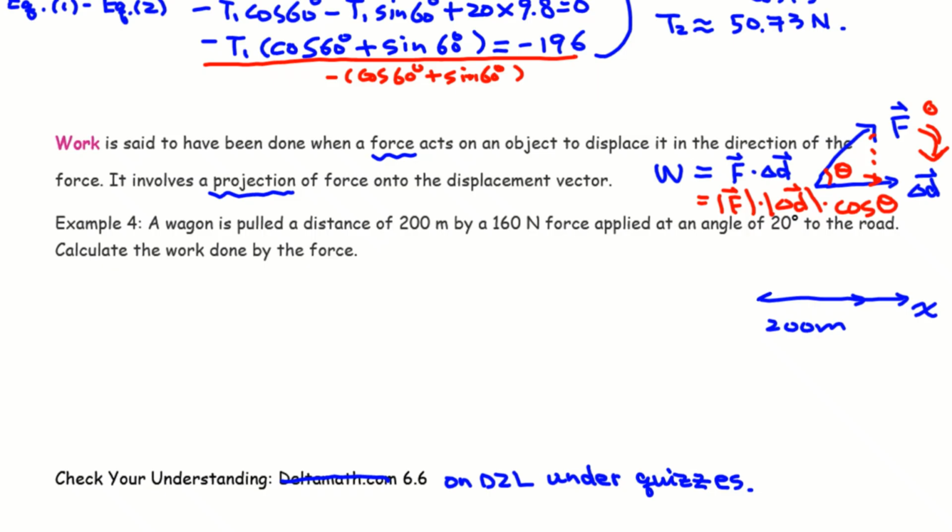The force forms 20 degrees with the displacement, and is 160 Newton. And in physics, your teacher may ask you to use a GRASP format. So we are going to write it properly. G represents given, so we are going to write the given out.